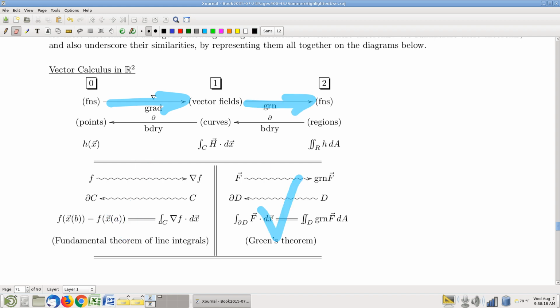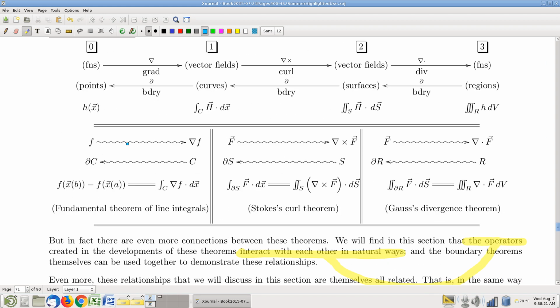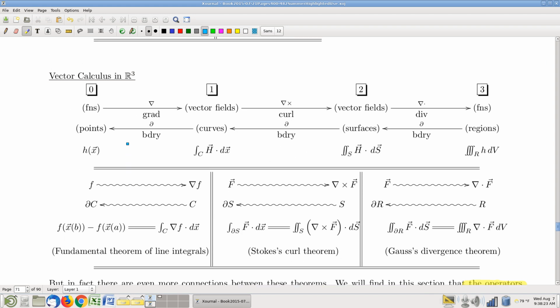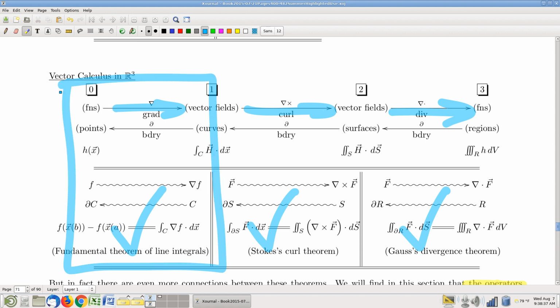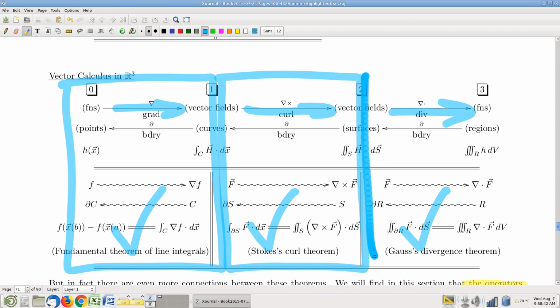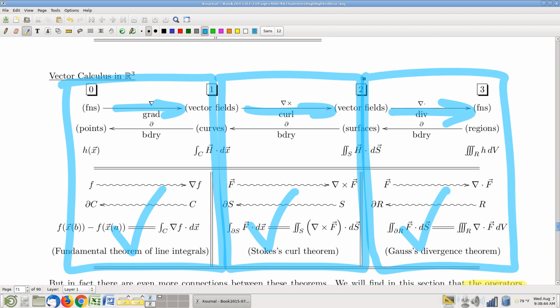We have likewise a three-dimensional diagram, and we have these operators that have come about one at a time by thinking about these boundary theorems, accumulation theorems, whatever you want to call them. What we've seen is that this story is highly analogous to this story, which is highly analogous to this story. So there are strong analogies between how these operators behave in their appropriately different circumstances.